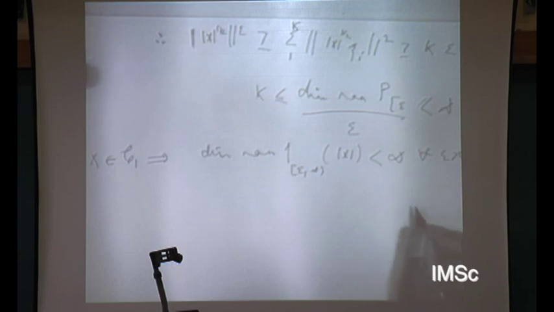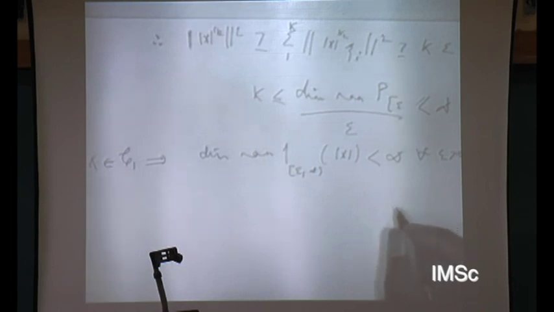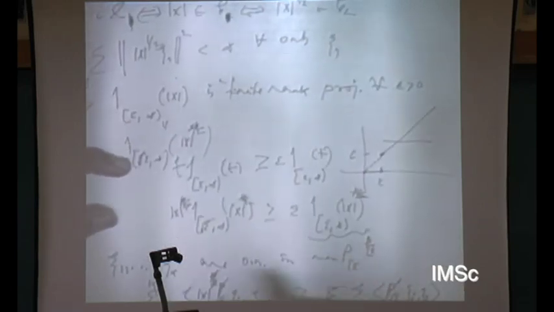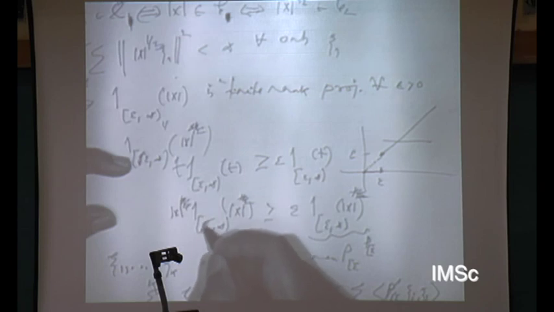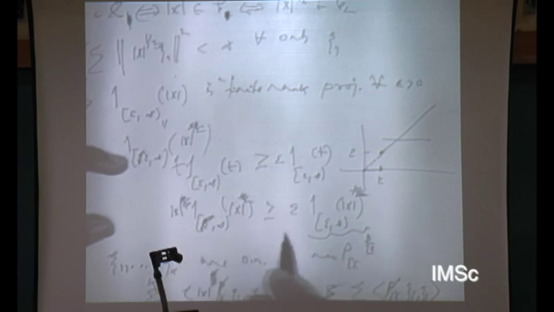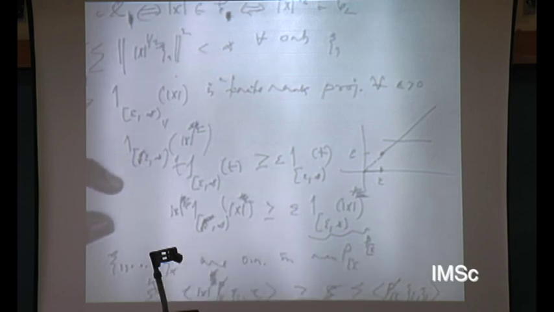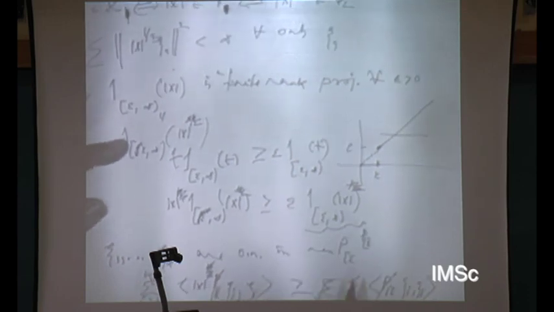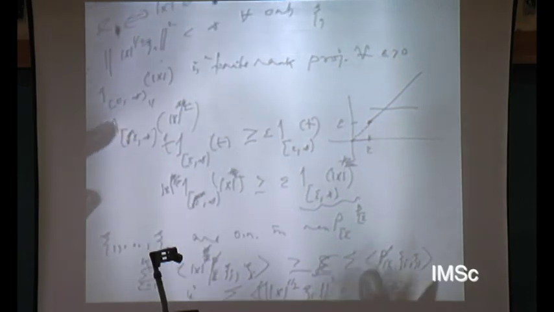Someone asks about the square root. Because this polynomial form we wanted to change to a quadratic form, that is why we took the square root and so on.